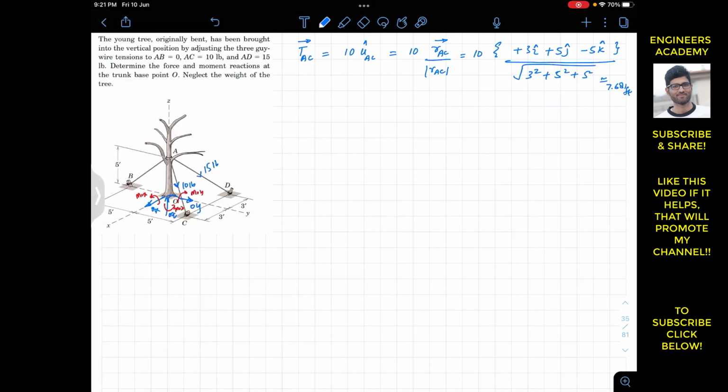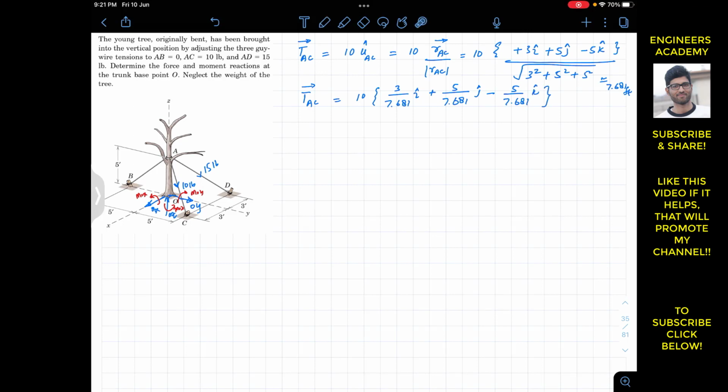So now we can write the tension from A to C as a Cartesian vector. We need to divide each component by this magnitude. So we can write this as 10 times 3 divided by 7.681 i plus 5 divided by 7.681 j minus 5 divided by 7.681 k.